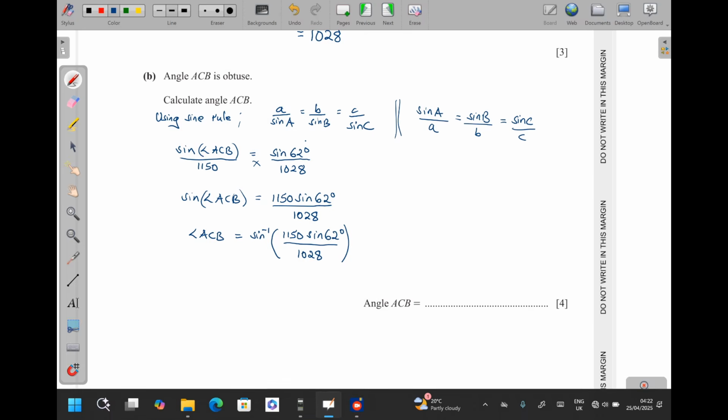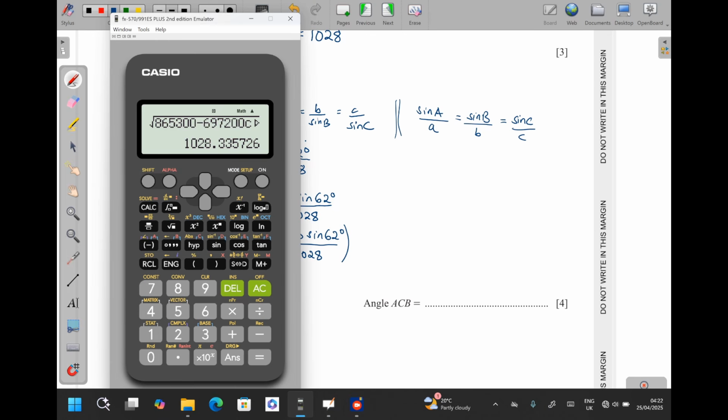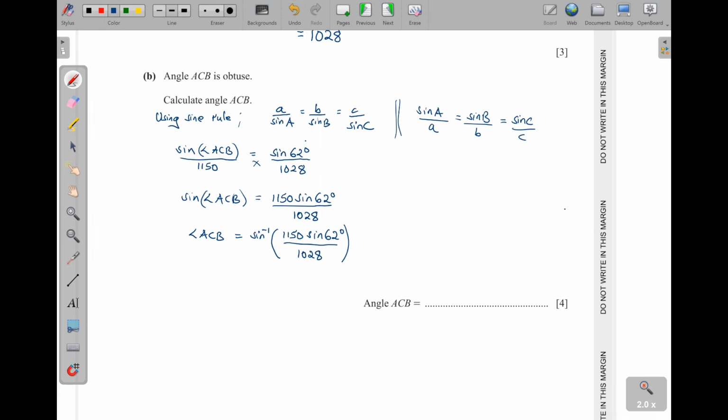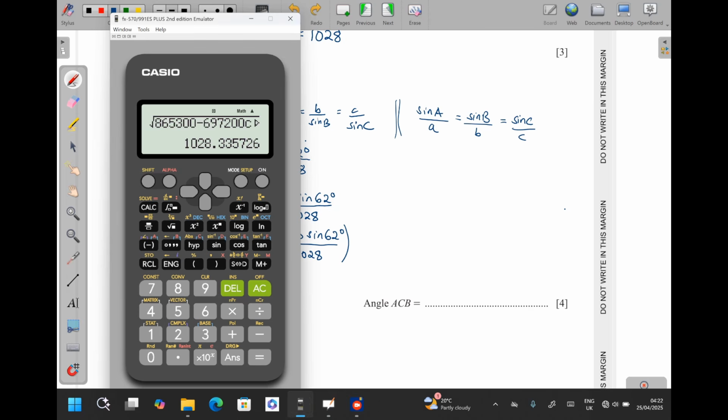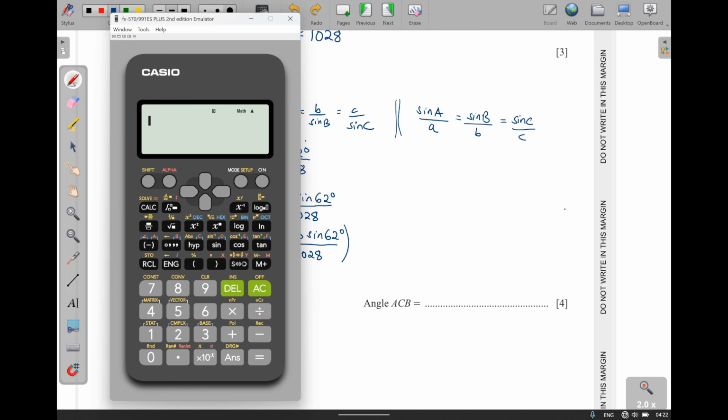Since what we have got inside here is positive, that means we are going to get the acute angle, but they asked for the obtuse angle. So after that, we subtract from 180, because obtuse angles are greater than 90 but less than 180.